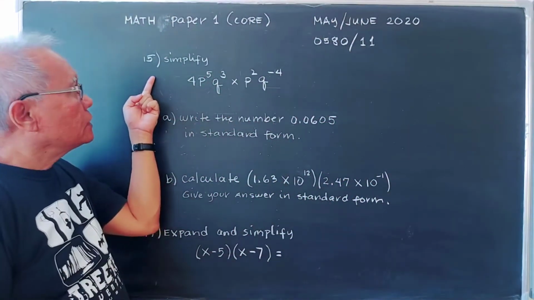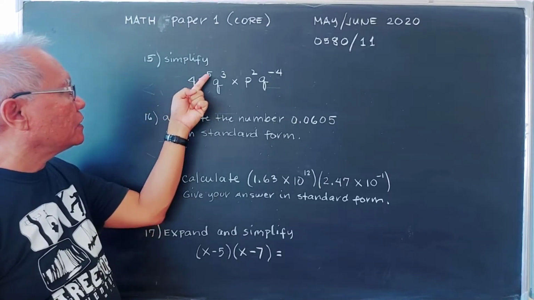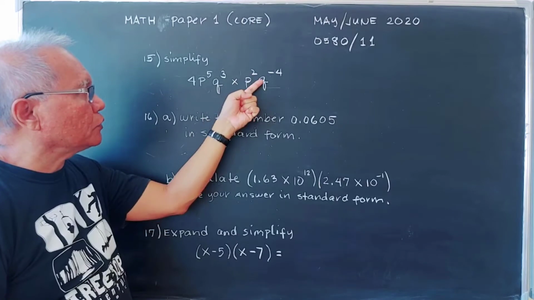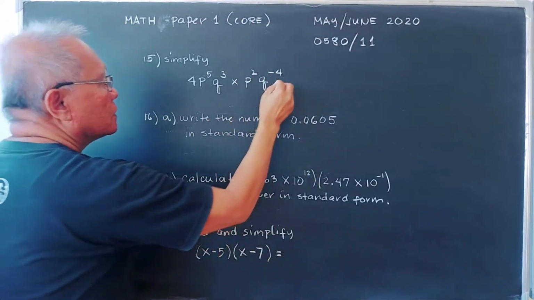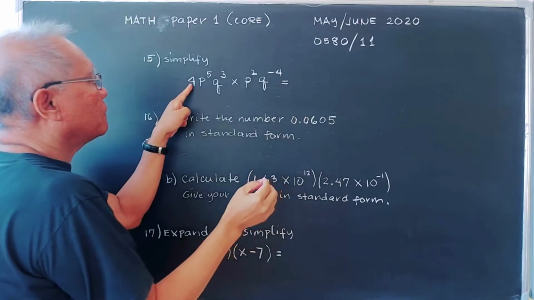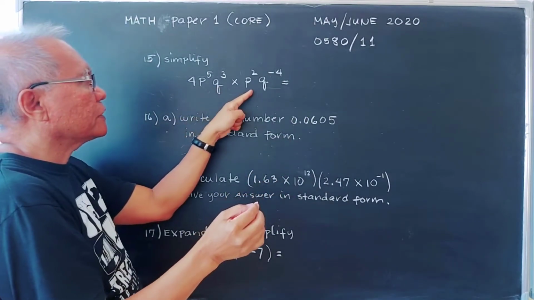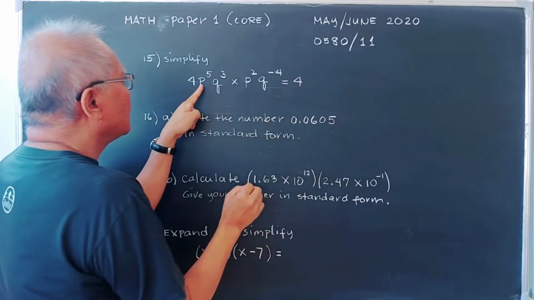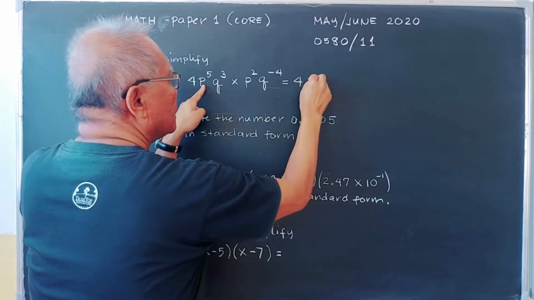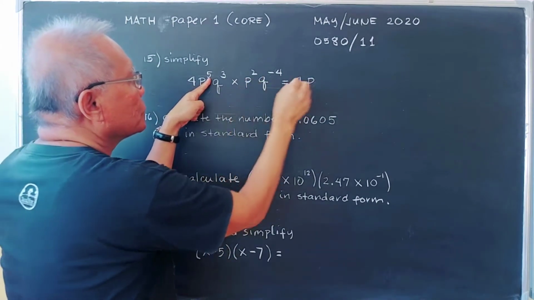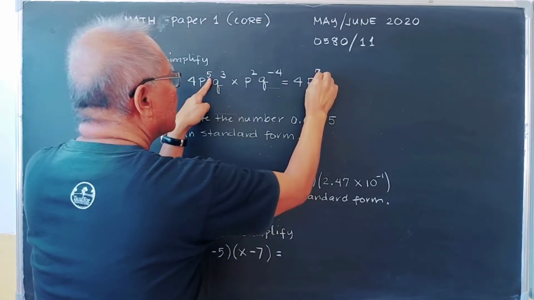Number 15, simplify 4p to the fifth q cubed times p squared q to the negative 4. Here, we just add the exponents. Is there an exponent on the 4? None. So we write the 4 here, then p, and 5 plus 2 is 7.